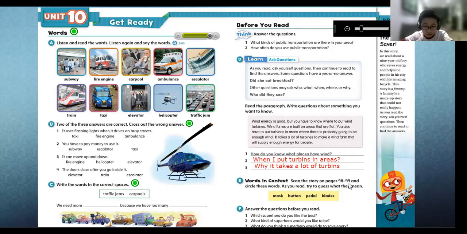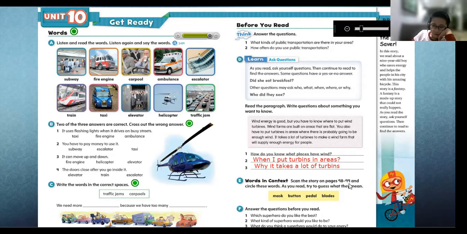Now, the questions you have there are, of course, question number 1: How do you know what places have wind? And number 2: When do I put turbines in areas, and why does it take a lot of turbines?